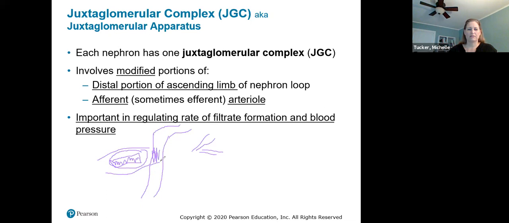And there are columnar cells in here. And then there is glue that essentially holds them together, called mesangial cells. So there are 3 cell types in this juxtaglomerular complex. They are going to be used to monitor salt concentration, as well as help in the regulation of blood pressure.